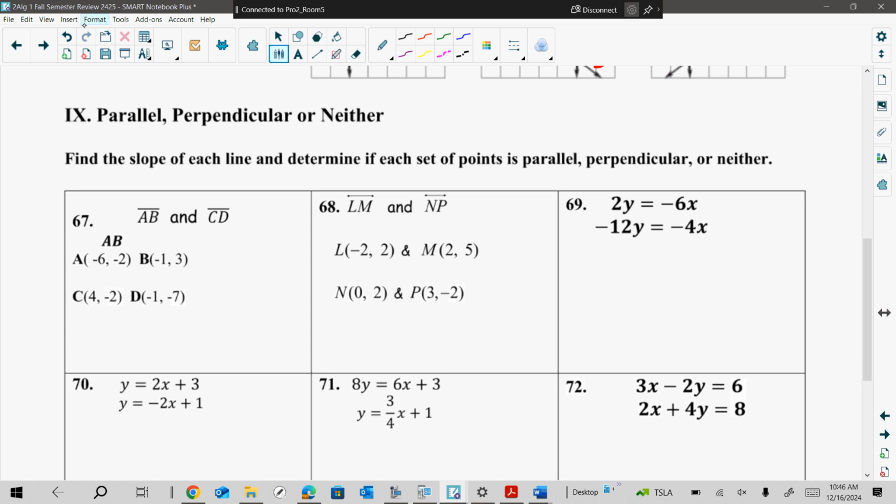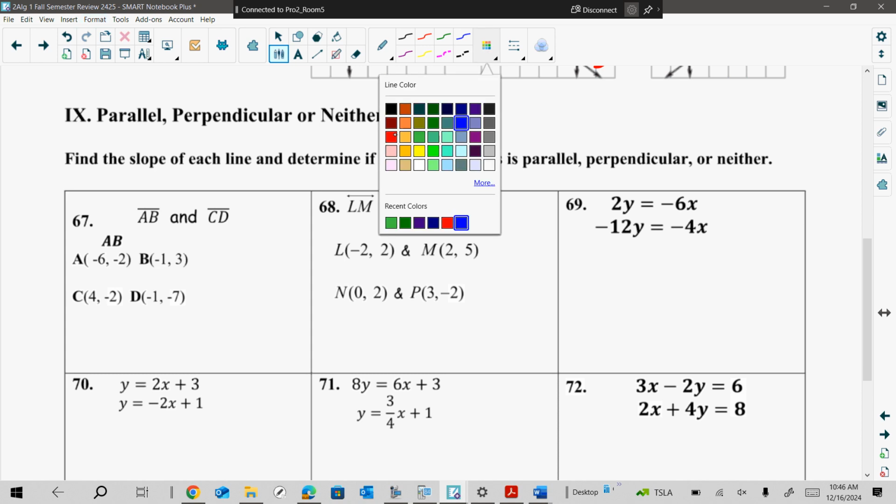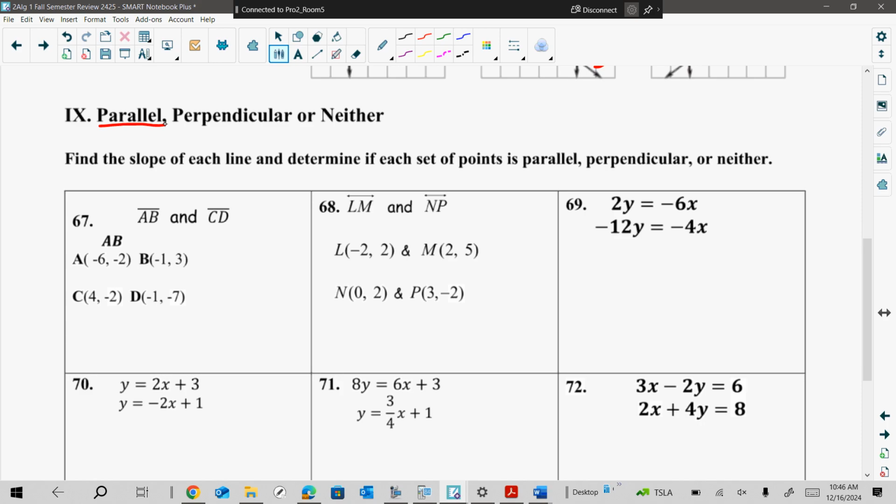Parallel, perpendicular, or neither. We need to understand if it's parallel, which would mean basically the same slope, which basically means the same number. So when we're checking, we're looking for the same number.